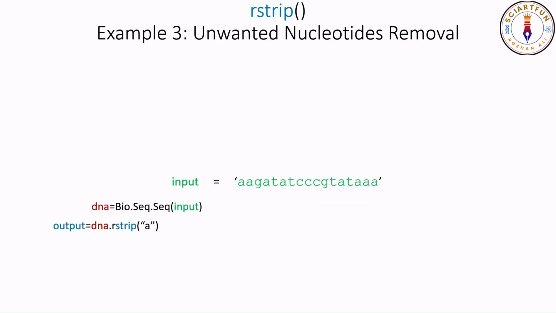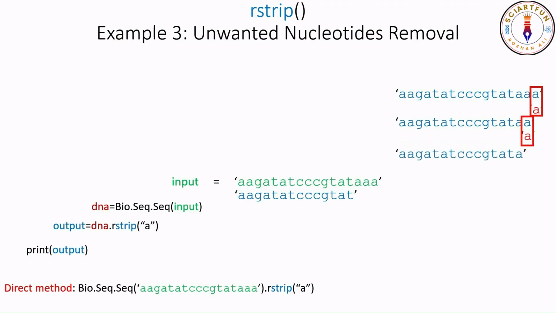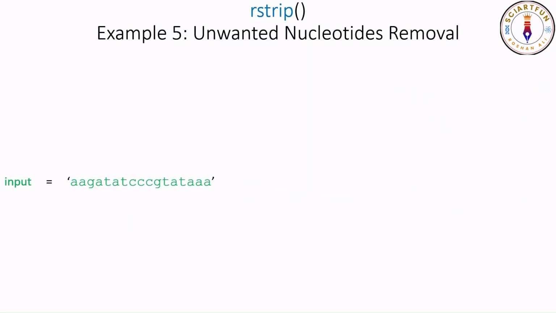Again, in this example, you remove A from the right end. This is the three-nucleotide example.